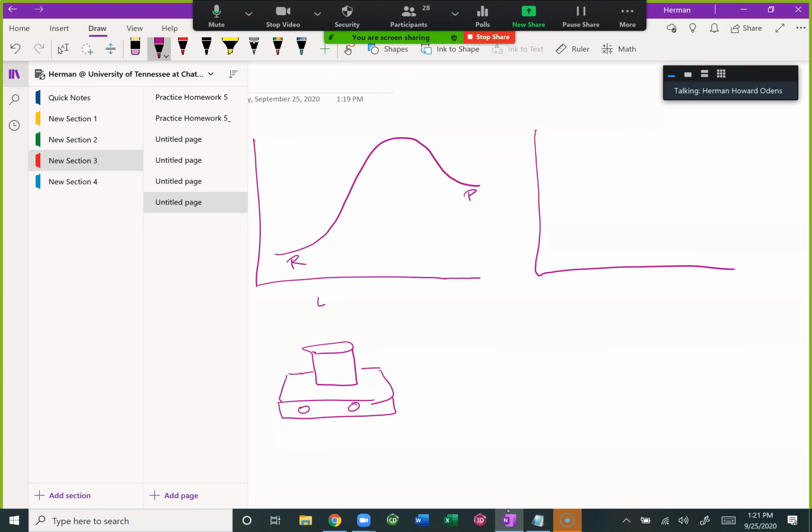So this is an endergonic reaction. RxN means reaction. And an exergonic reaction looks like this. So you have a transition state and the products are lower in energy. So here are your reactants. Here are your products. I forgot to say this is your transition state.